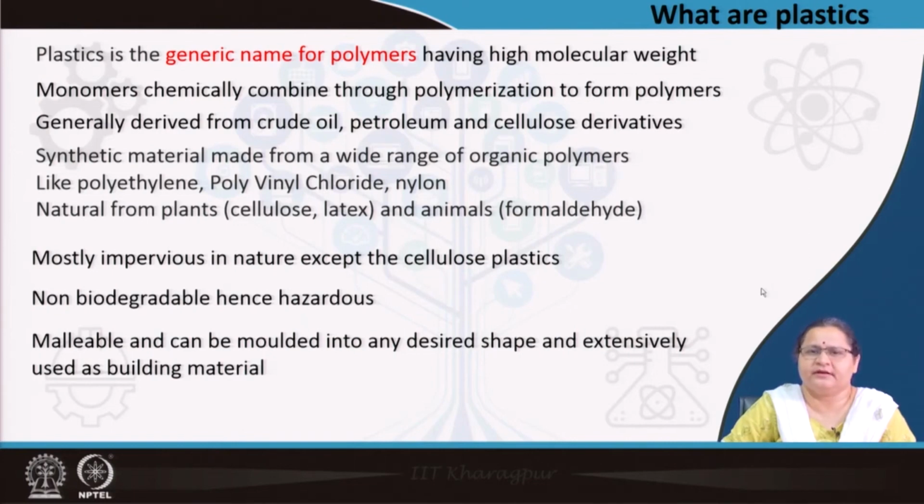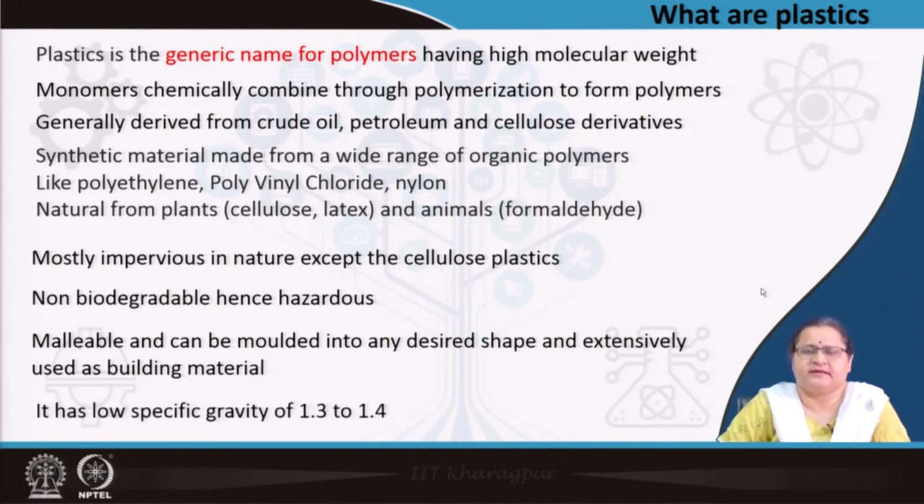It can be given any desired shape and can be used as a building material wherever possible, because you can achieve any kind of molded shapes like metals. It has a low specific gravity. It is more than 1 and varies up to 1.4.